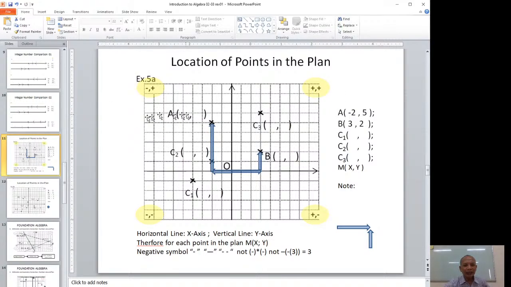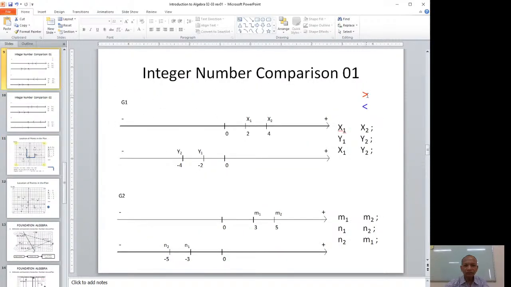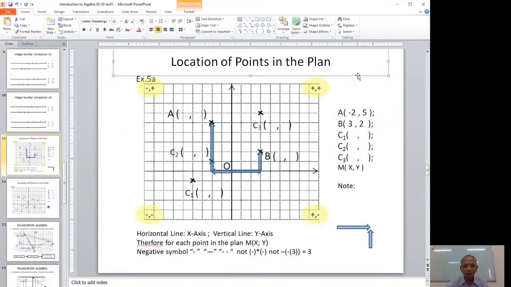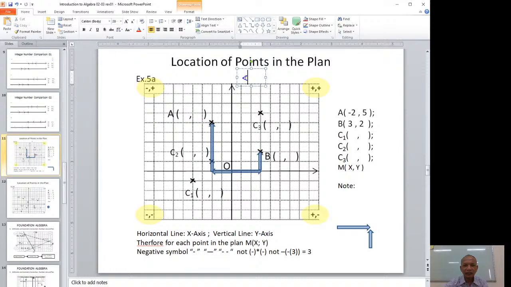Here again, we said number line, but now we have a plane. Before we had the number line, now we have the plane, which covers the whole surface. This is x, y, and then here x.